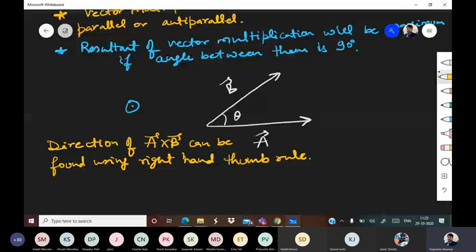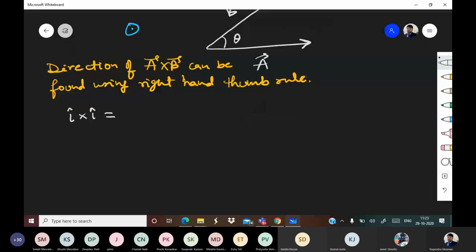Now tell me the value of i cross i. How much will that be? Everyone, please pay attention.